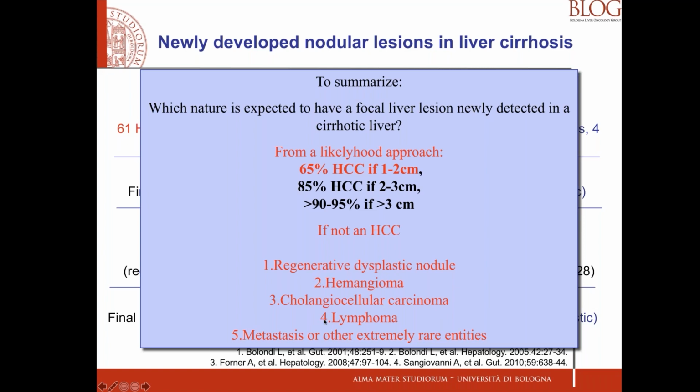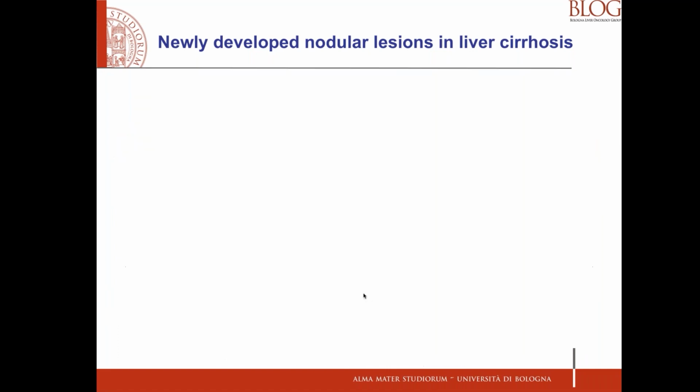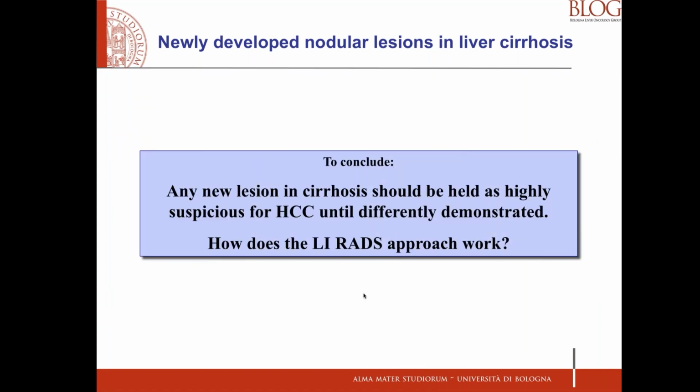All these bullet points 2 to 5 make altogether 4-5% of the cases of new lesions in cirrhosis. So we hold that this is suspicious for HCC, and this is the starting point of the LI-RADS approach.